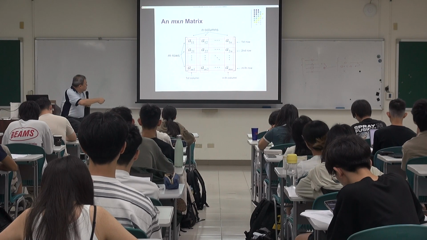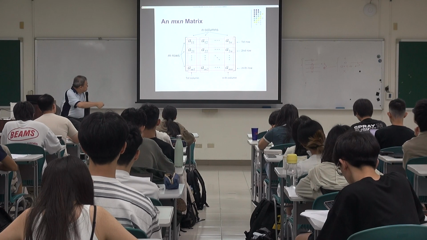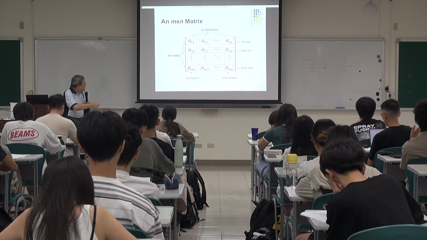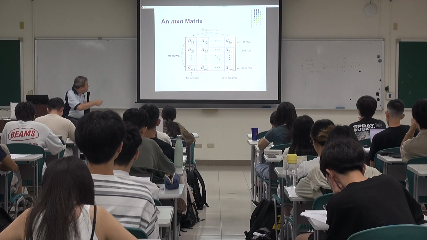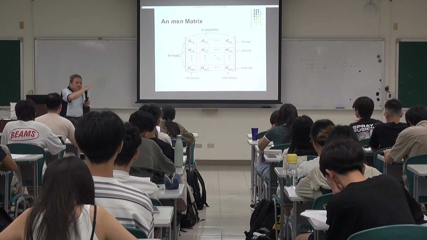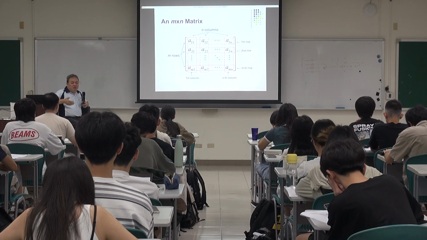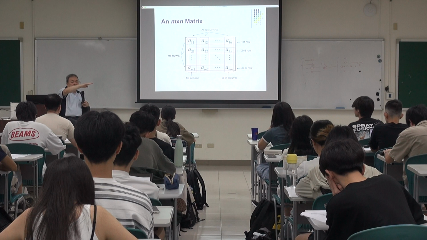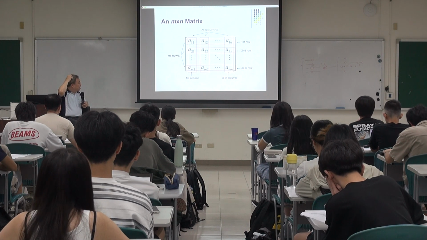If you write those coefficients a_ij into a matrix, then we will have n rows, where each row is, 就是在中文我们叫那个列，就是横的.